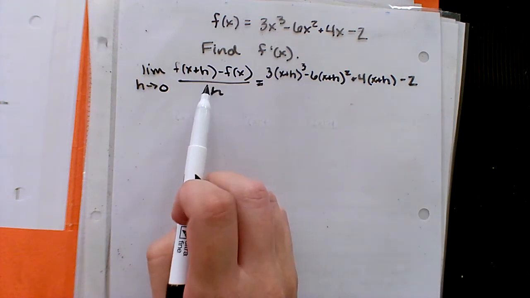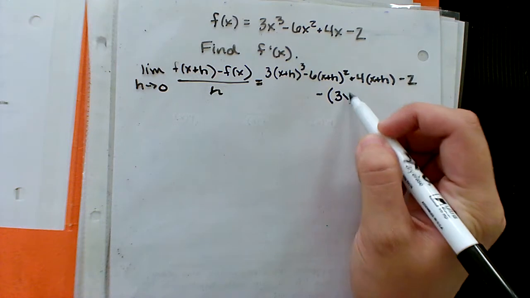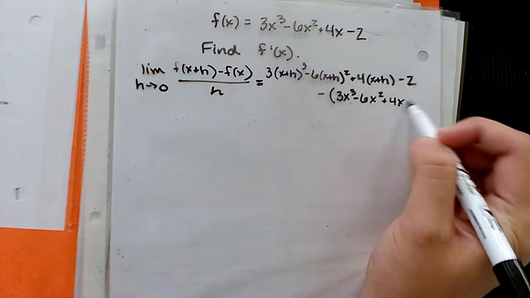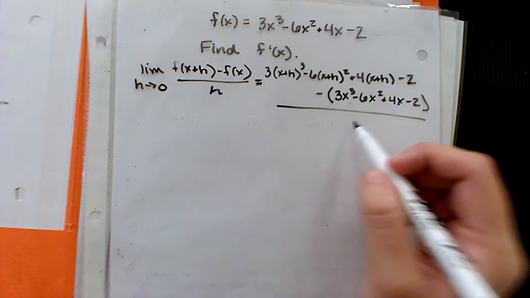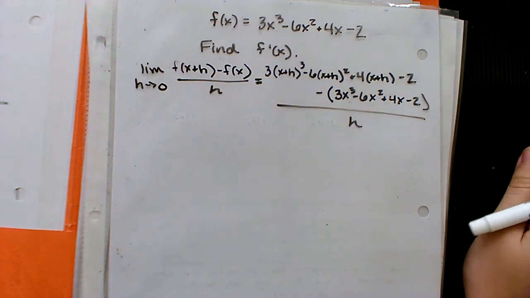According to our limit definition for a derivative, we then have to subtract the entire original equation, and all of that is over h. Now, I'm going to time you guys. This is not a race. If you make it a race, that's your own thing.